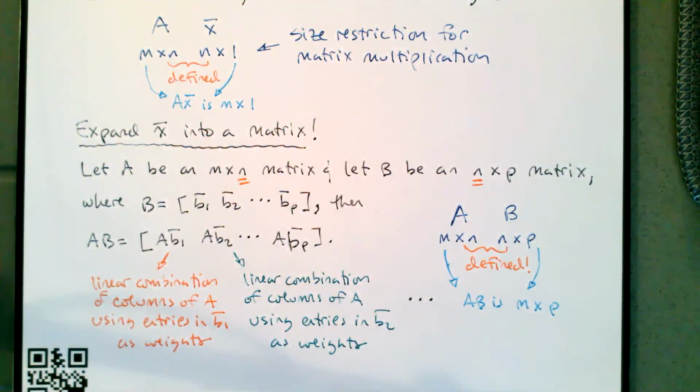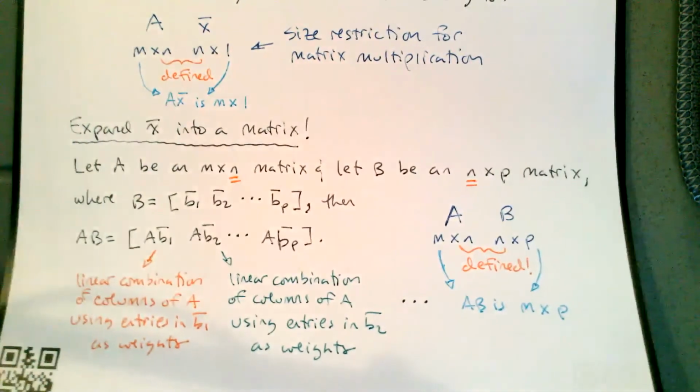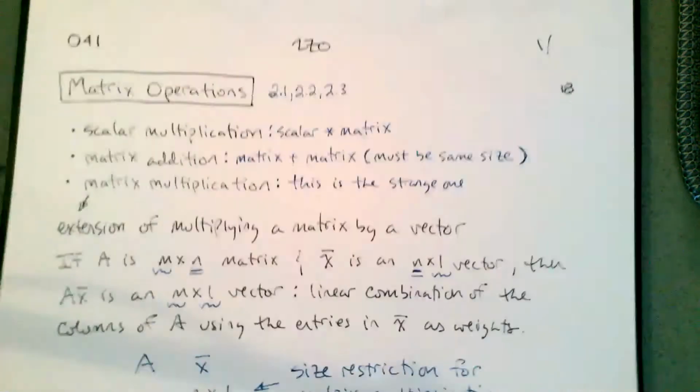So here are some important observations about matrix multiplication. We got to know some stuff about this matrix multiplication and what makes it weird.